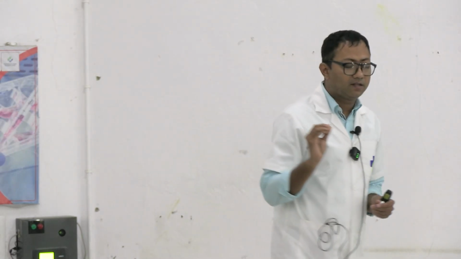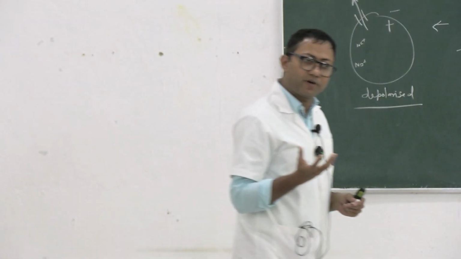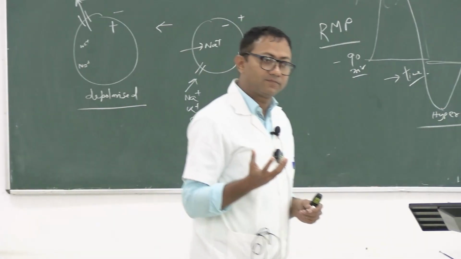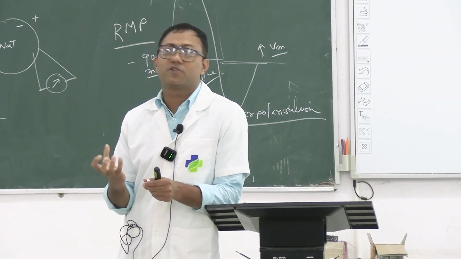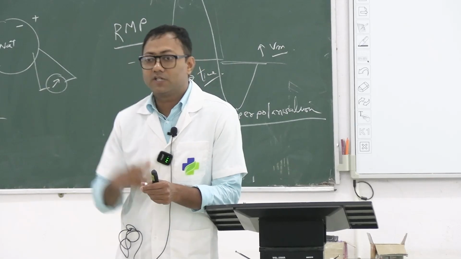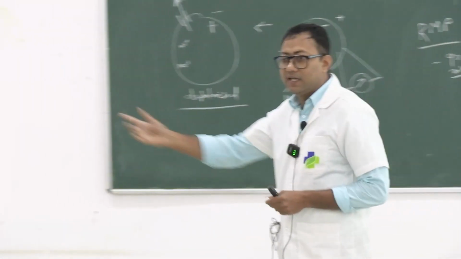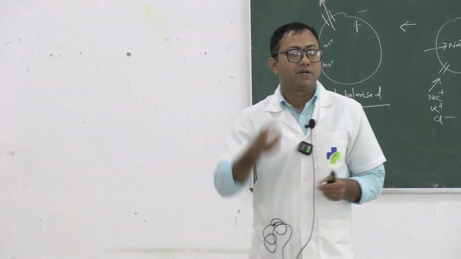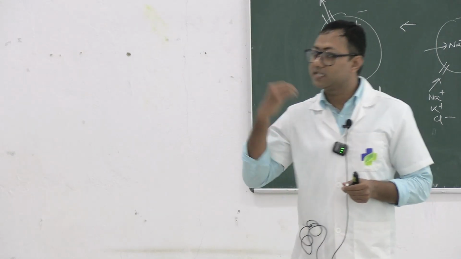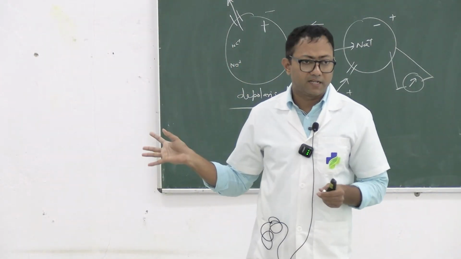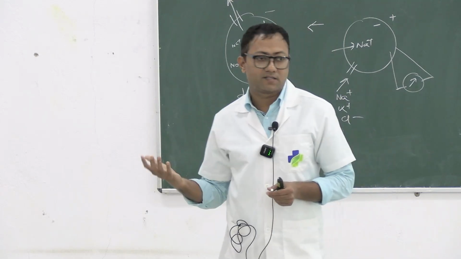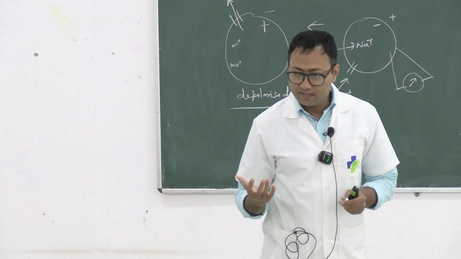You cannot change the membrane potential. Why can you not change the membrane potential? Very nice. There is an absence of ion channels, because ions are responsible for changing membrane potential. Sodium will enter, potassium will exit. So, the cell membrane must have the voltage gated sodium channel, voltage gated potassium channel, voltage gated calcium channel, or any other type of channel which will transport ions across the cell membrane, right?